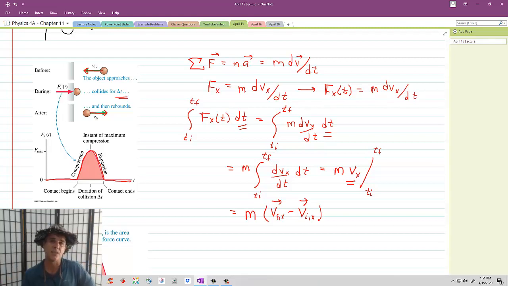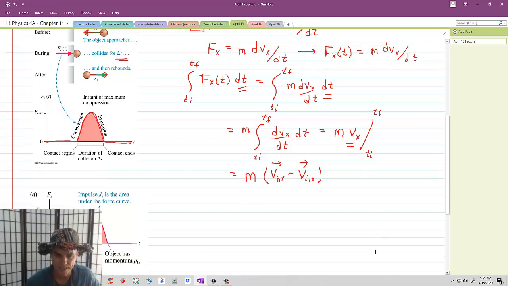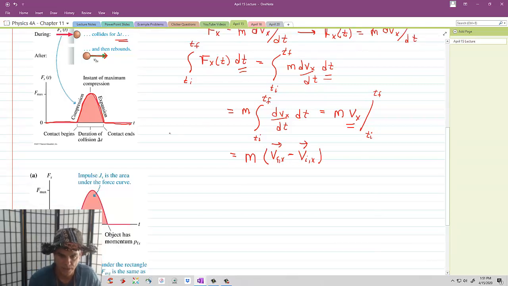Velocity at the initial time is just my initial velocity. Velocity at the final time is just my final velocity. So this right-hand side has m times the final velocity in the x direction minus m times the initial velocity in the x direction.